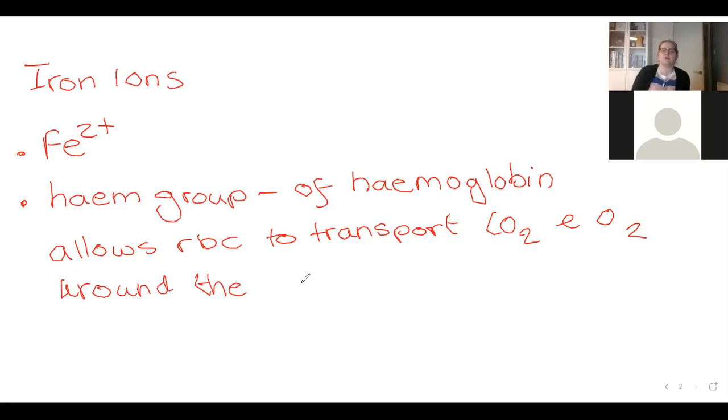We don't need to know too much more about iron ions than that, other than that they're Fe2+, we find them in the heme group of hemoglobin, and they allow our red blood cells to transport carbon dioxide and oxygen around our body.